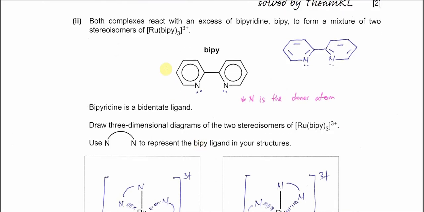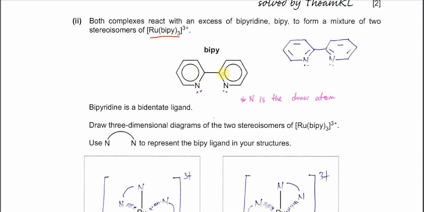Both complexes react with excess pyrazine to form a mixture of stereoisomers. So this complex ion has 3 bidentate ligands. It has 3 pyrazine. This pyrazine structure will act as a bidentate ligand and form 2 dative bonds with the ruthenium.